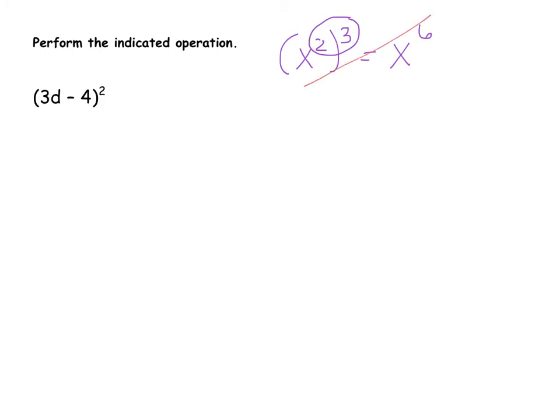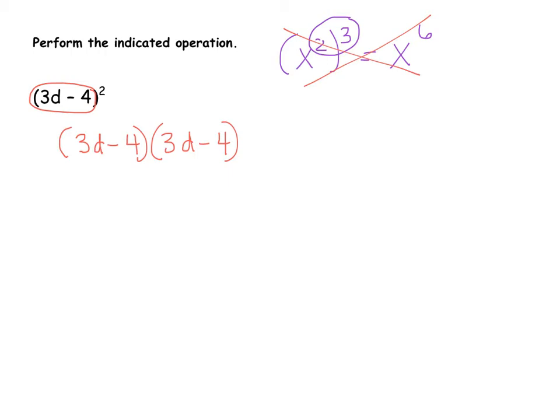That is not what's going on here. Do not just put the 3d to the second power and the 4 to the second power. The base is the parentheses. So what we have 2 of is 3d minus 4. So we have to write it twice.